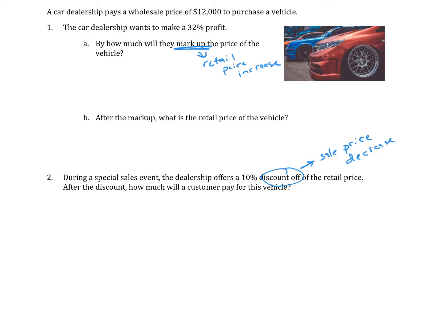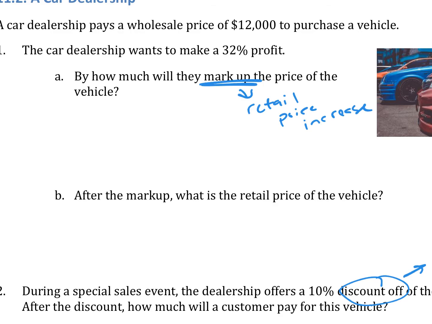All right, let's figure out question A. It says, by how much will they mark up the price of the vehicle? If they want to make a 32% profit, we know they have to take 32% of the price of the vehicle. I'm going to stick with our old versus new strategy, but if you don't need that strategy, you didn't have to use it.